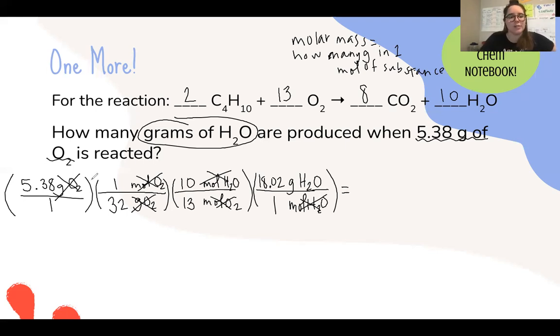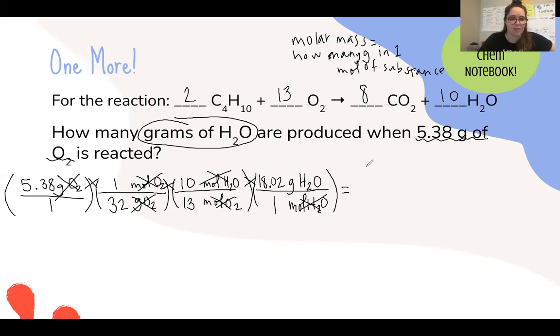So now we need to multiply all the way across the top. We do 5.38 times 1 times 10 times 18.02, and we get, now it's really important that we don't round until the very, very end.